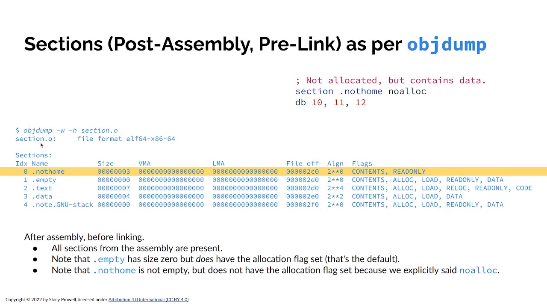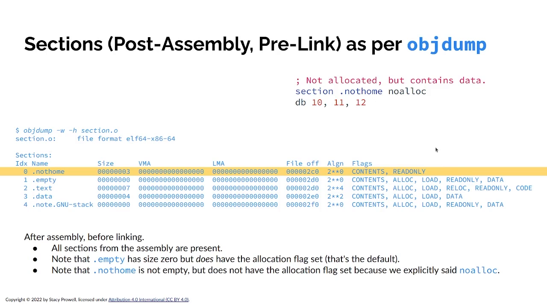So we assemble it, and now we look at the sections with -H and the -W flag to make it wide. And we see all of these. Here's nothome, which in fact contains 3 bytes, and it occurs at offset 2C0. It is read-only, but you notice I said no alloc. It doesn't have the alloc flag that everything else has.